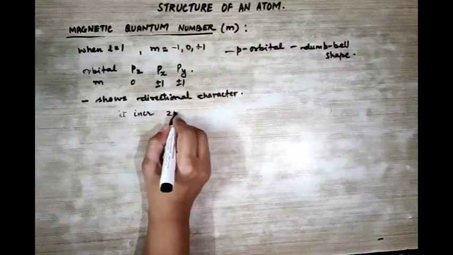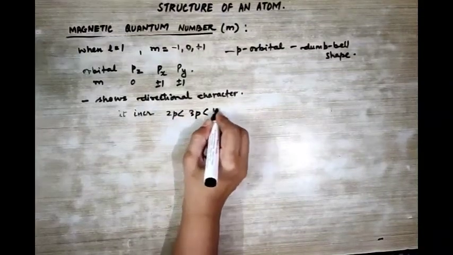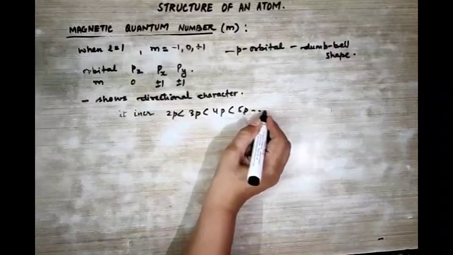It increases like this: 2p, 3p, 4p, 5p and so on.